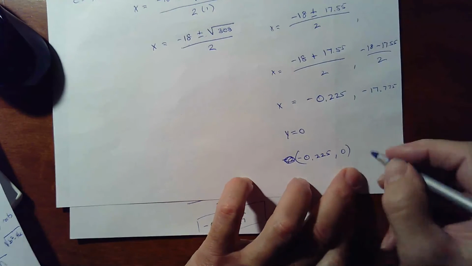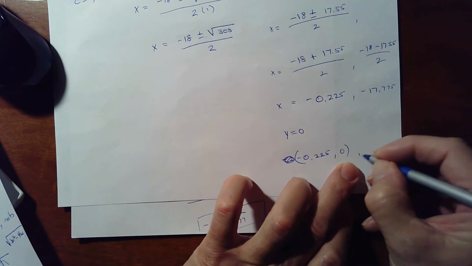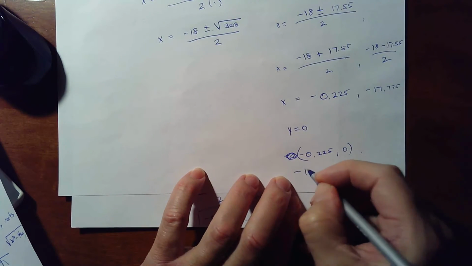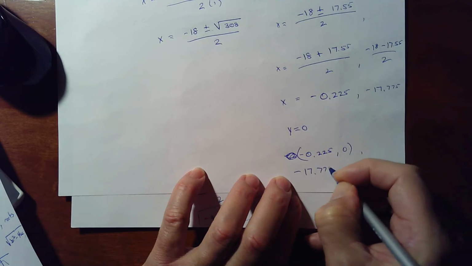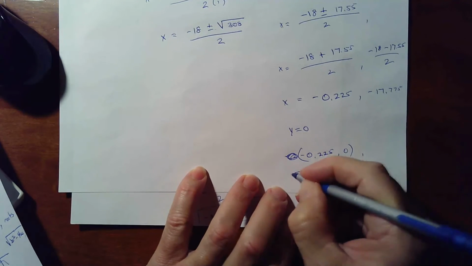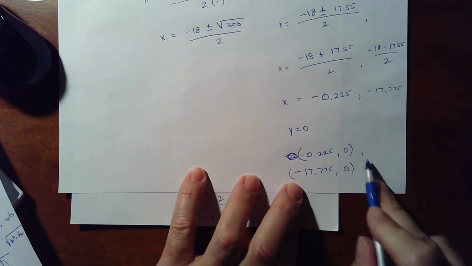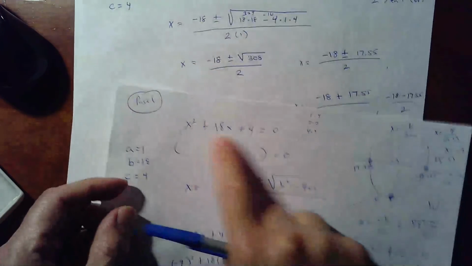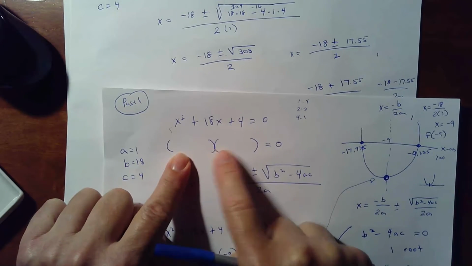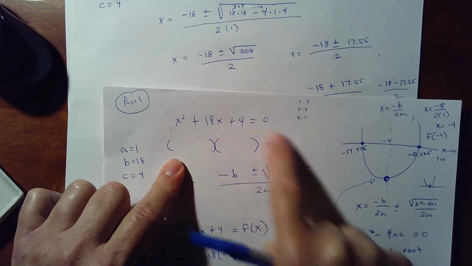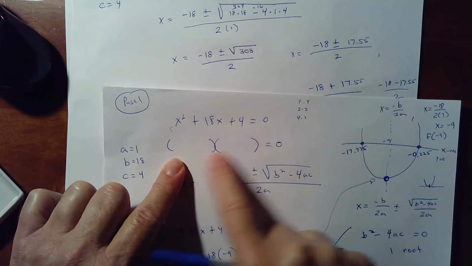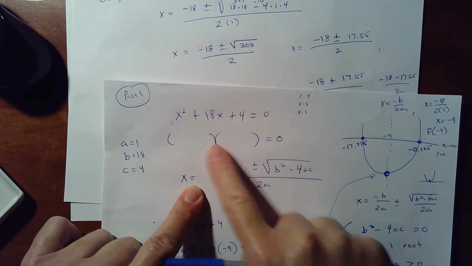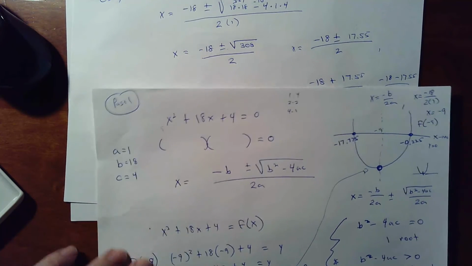And then we have the other point, negative 17.775 comma 0. So these are our 2 locations that are called roots, or the solutions to the problem. When you did factoring and then we set them equal to 0 and solved for what the x values were, that's roots, or we use the quadratic formula and obtain the roots this way.